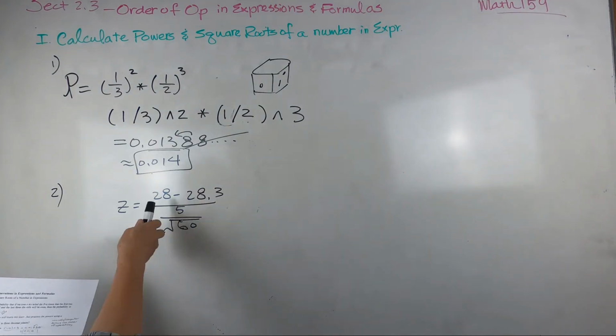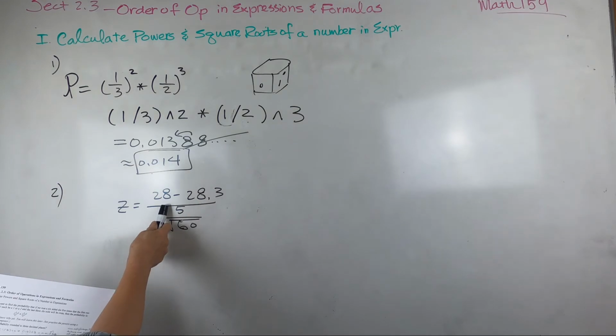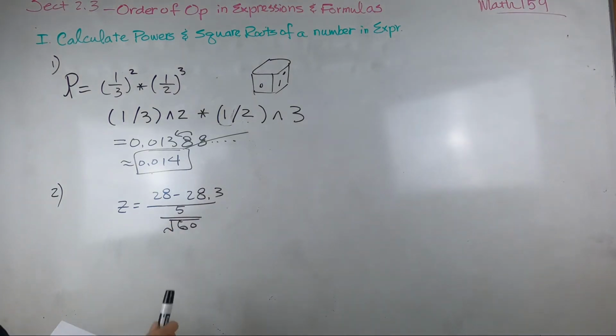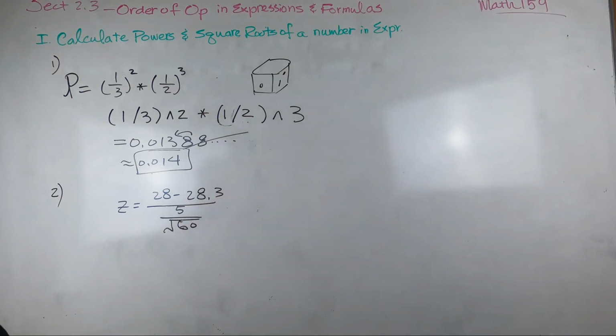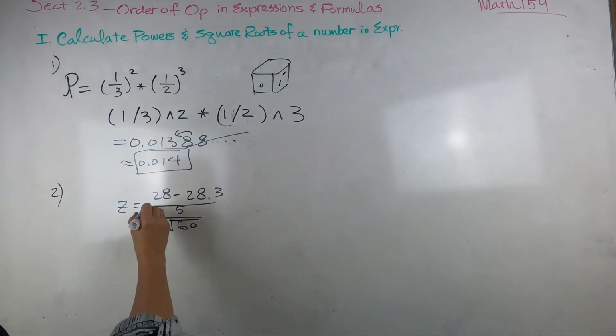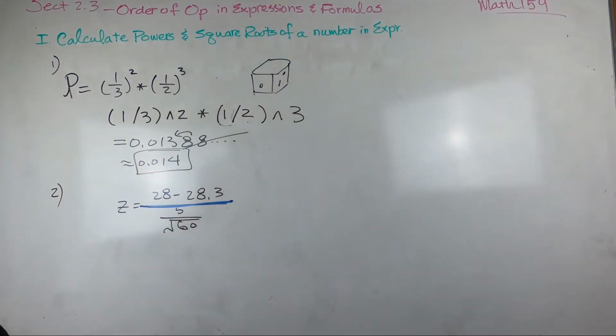For the value of 28, your sample distribution with size 60 is here, and from a population with the mean 28.3. And we want to calculate the result. Then we know division is a group symbol, right? So when you enter it into the calculator, you better put this one, then divide by the next one.